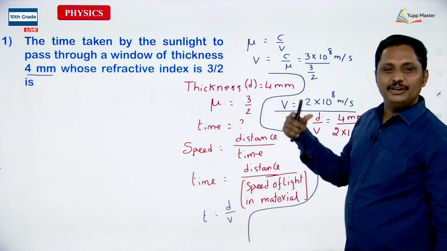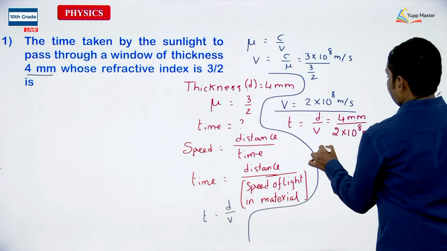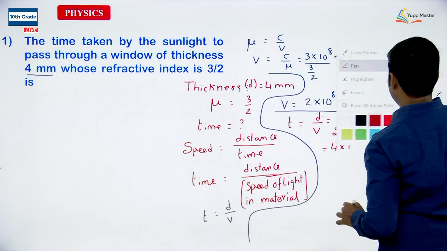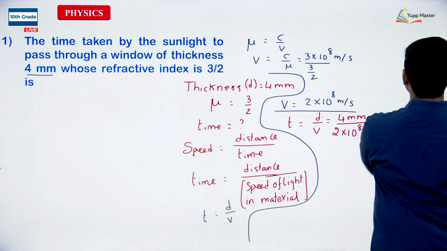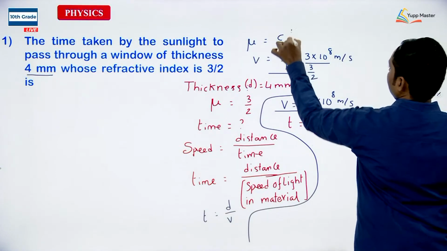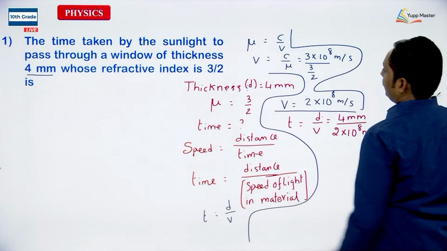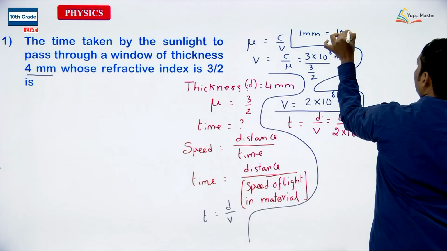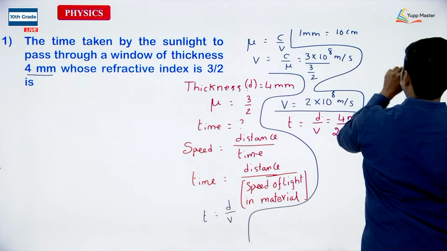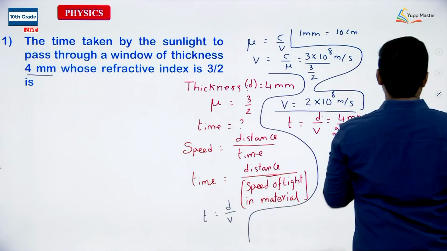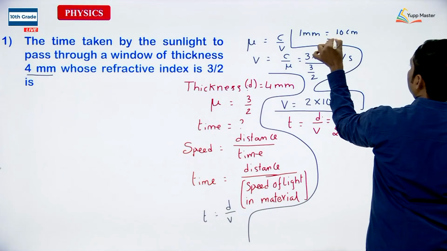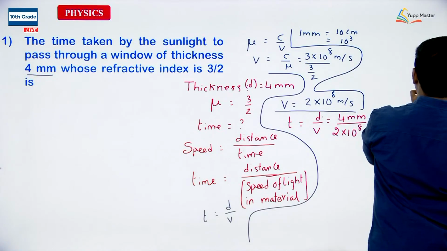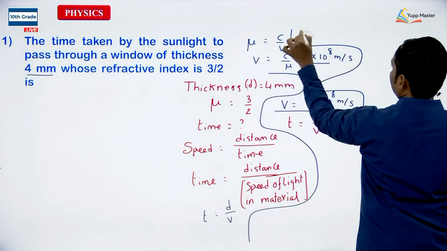So you have different units, and you need the conversion. 1 mm is equal to 10 to the power of minus 1 centimeter, and that is equal to 10 to the power of minus 3 meter. Directly you can write it down here.